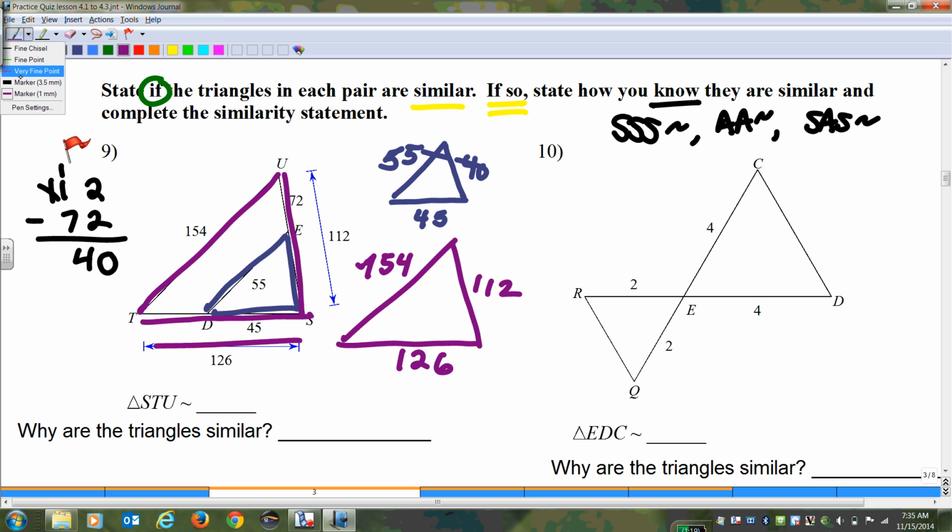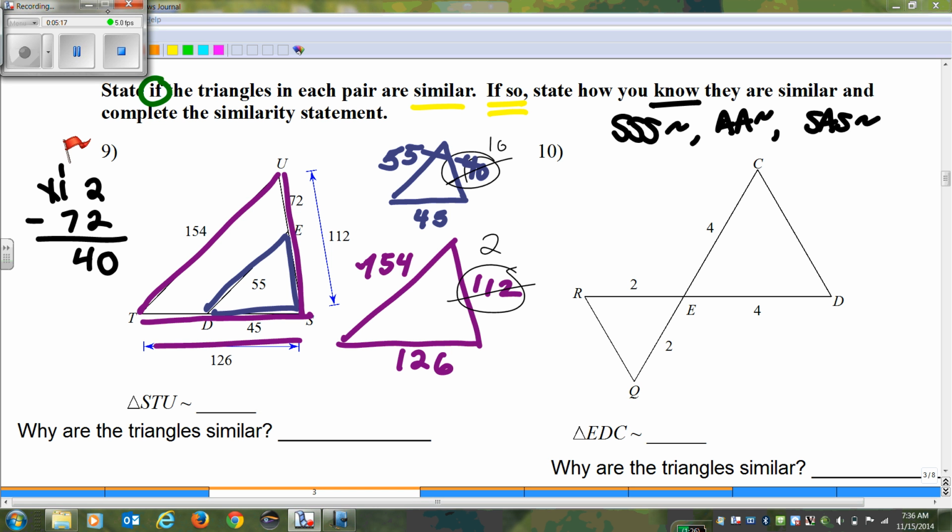So obviously we need to check for ratios here. So we're going to reduce 40 to 112. I'm going to try 4 first. 4 goes into 40 10 times, and 4 goes into 112 28 times.